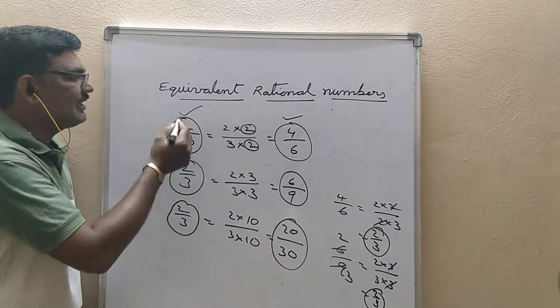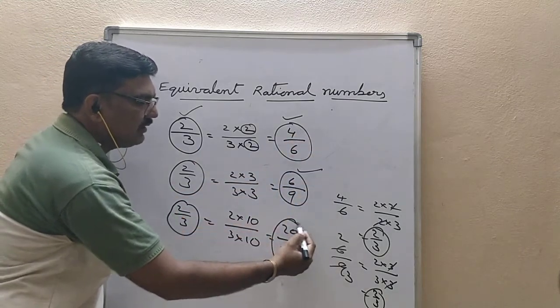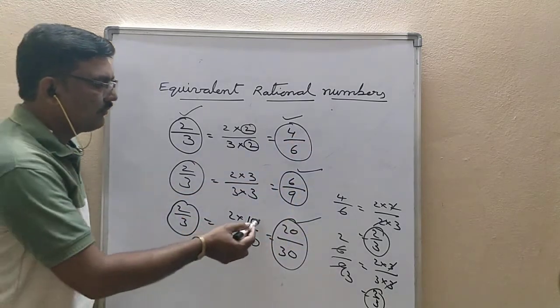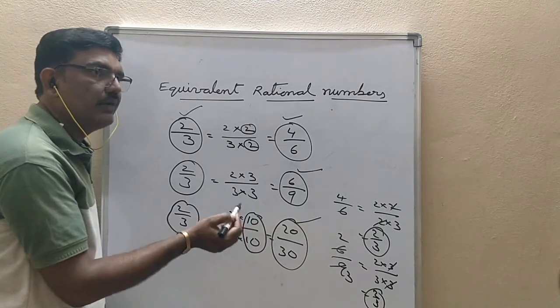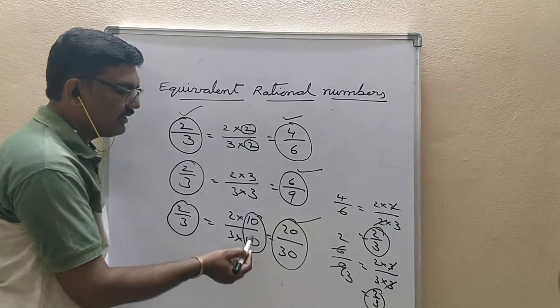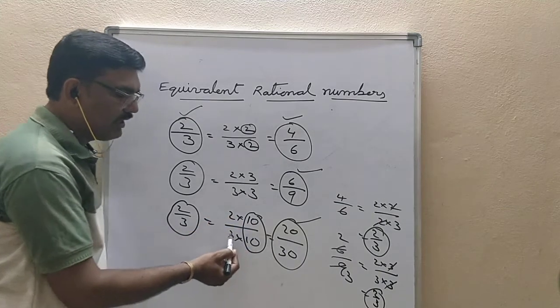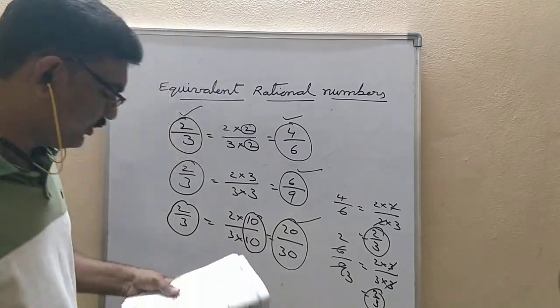The equivalent rational numbers for 2 by 3 are 4 by 6, 6 by 9, 20 by 30. Instead of 10, you can take 4, 5, or 6 like that. But if you multiply the numerator with 6, with the same 6 you have to multiply the denominator. I hope you understood. You do the next sum.